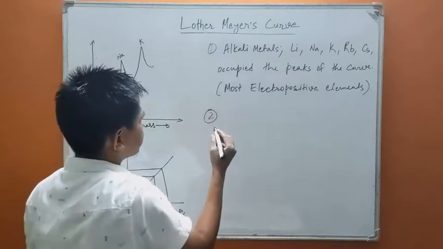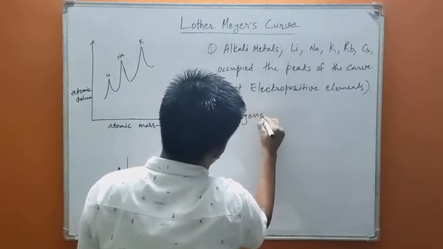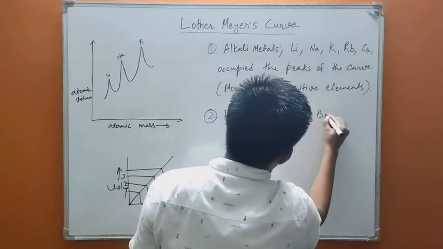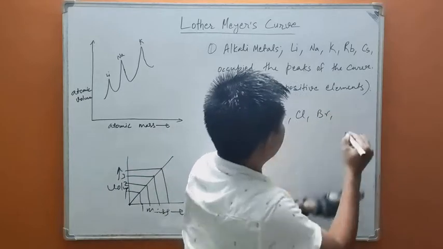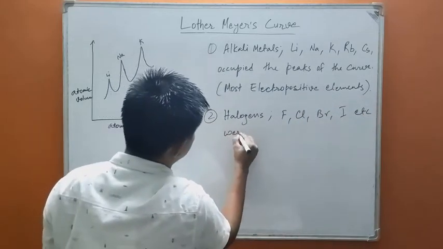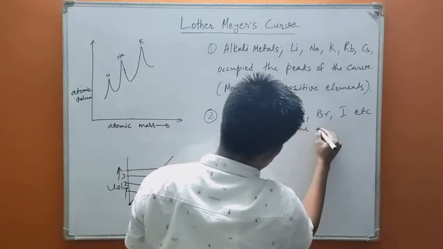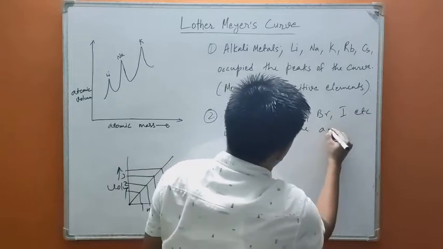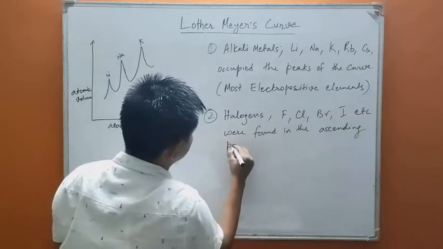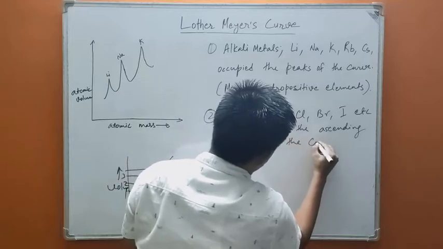Number 2, halogens: fluorine, chlorine, bromine, iodine, etc. were found in the ascending portion of the curve.